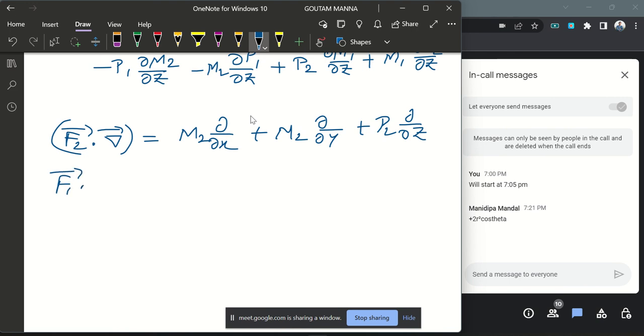Similarly, F1 dot this operator, it will be m1 del x plus n1 del y plus p1 del z.